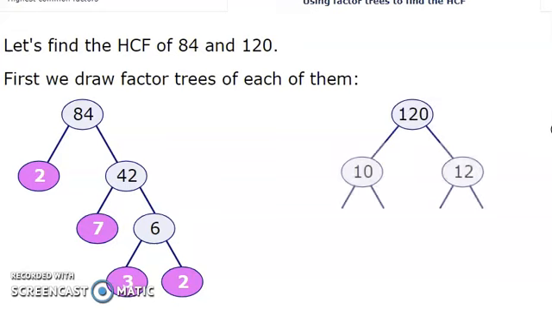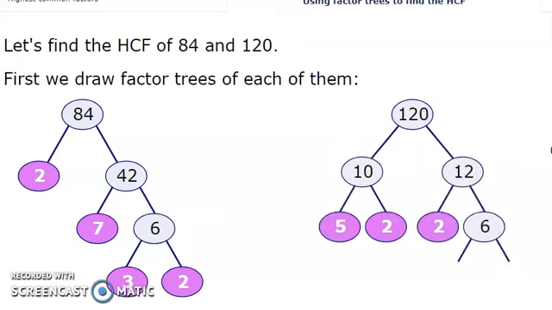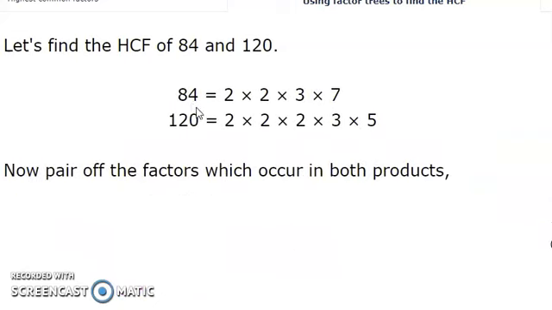Similarly 120 is 10 times 12, 10 can be factorized as 5 times 2, 12 as 2 times 6, and again 6 as 2 times 3. So 120 here is 5 times 2 times 2 times 2 times 3. And 84 is 2 times 2 times 3 times 7.